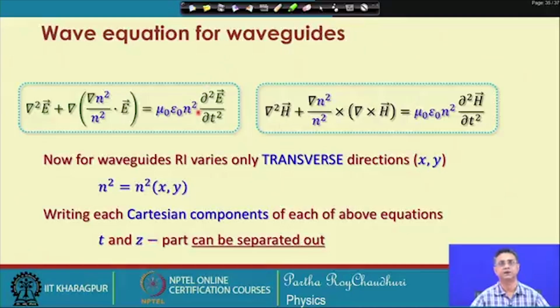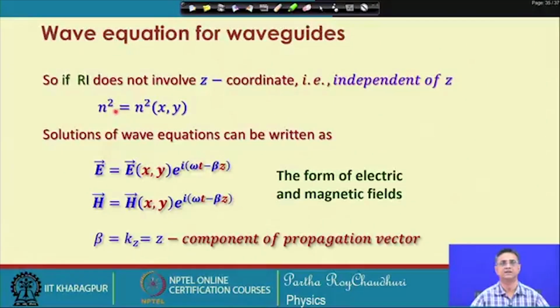T part can be separated out from here, and z part, because it has a transverse dependence, but there is no longitudinal dependence, that is there is no dependence on the z direction. So, these two parts can be separated out. We can just simply work out, take each of the field components, and then we can see that t and z can be separated out.